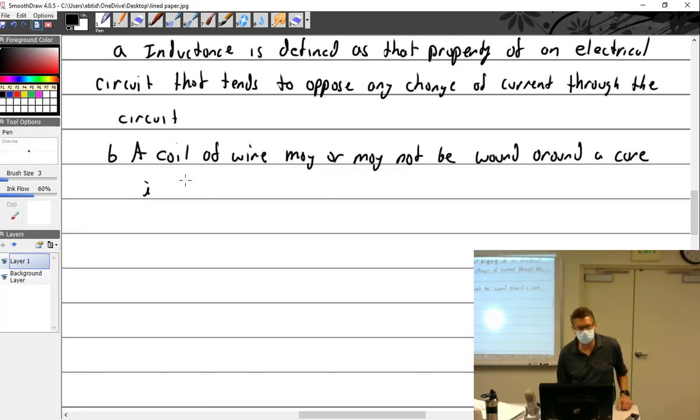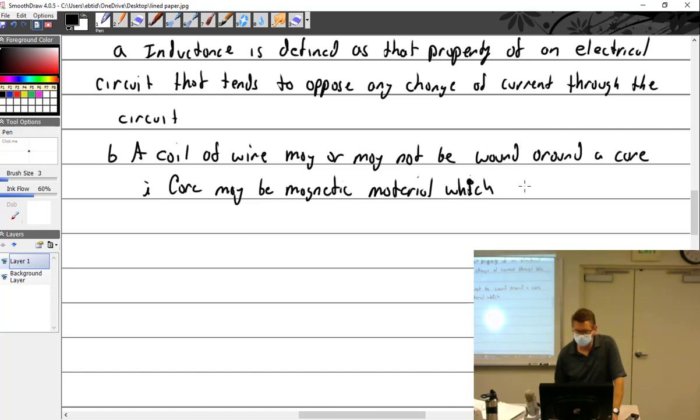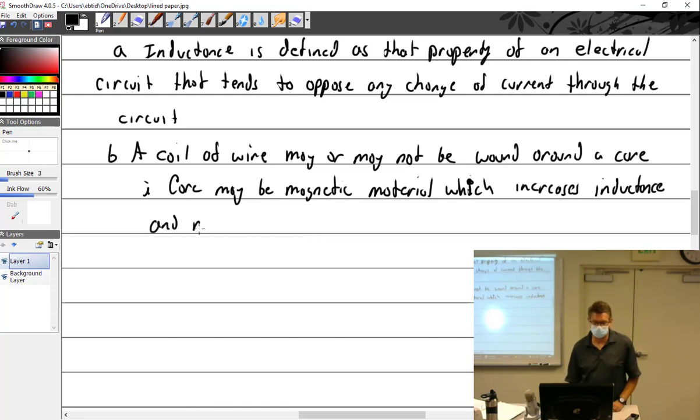But the core has a big effect on what happens within this coil of wire. So core may be magnetic material. We're going to see that a lot coming up, which increases inductance, meaning the opposition, and also magnetizes the core.